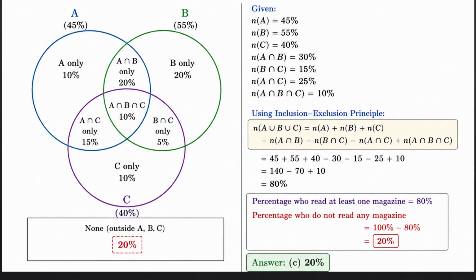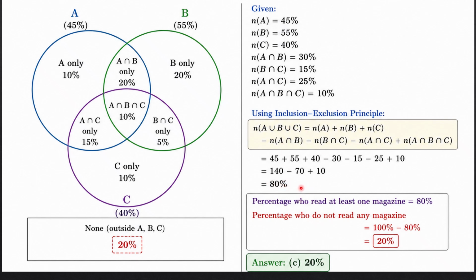You can solve this question with the help of a Venn diagram or by a simple formula, because we have all values: A 45%, B 55%, C 40%, A and B 30%, B and C 15%, A and C 25%, A, B, C 10%. So we'll put all these values in this formula and we will get 80%.